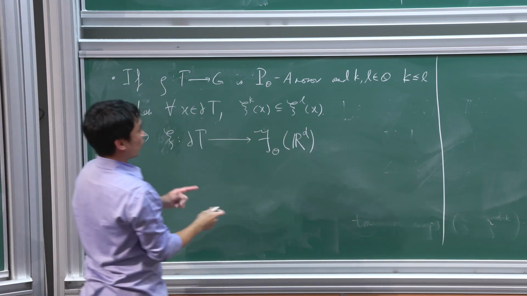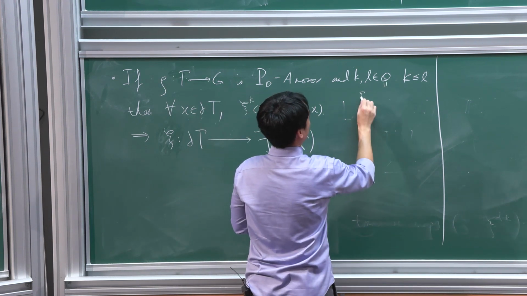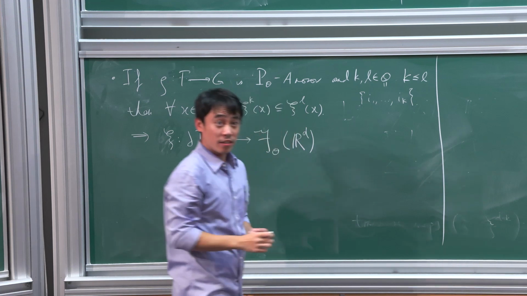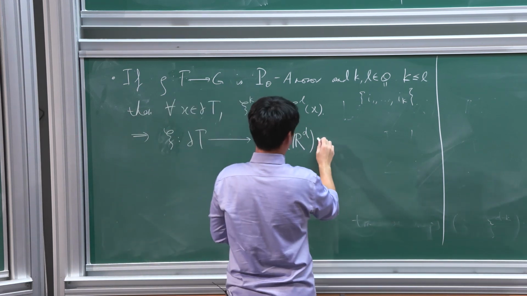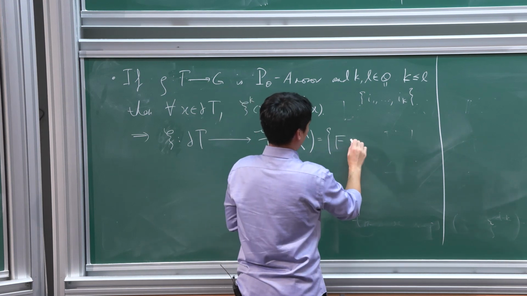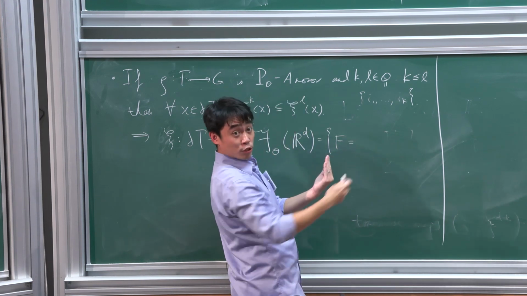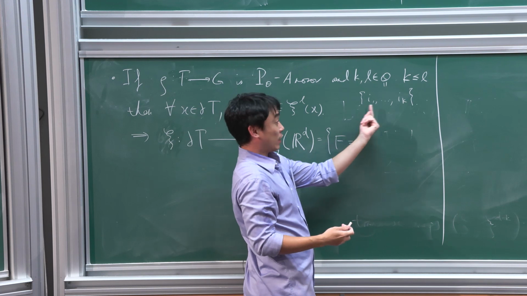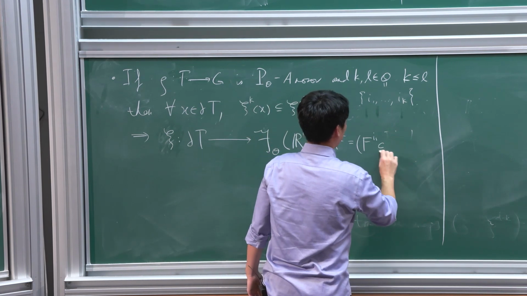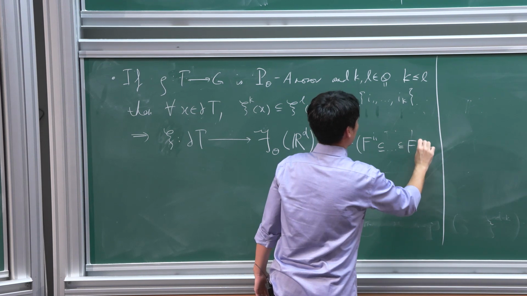So if your theta here is I1 to IK, then this space of partial flags is some F, which is a nested sequence of subspaces, one of each of the dimensions that show up here, F_I1 to F_IK.